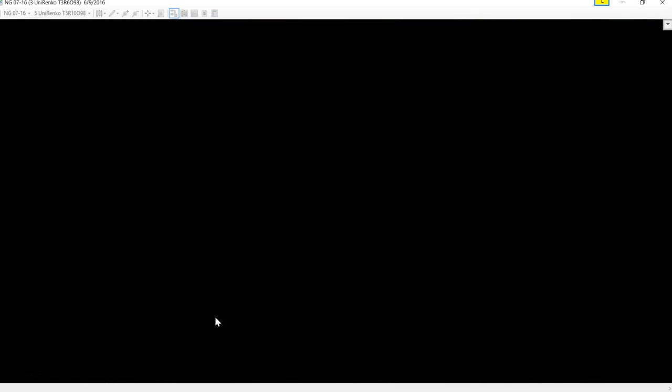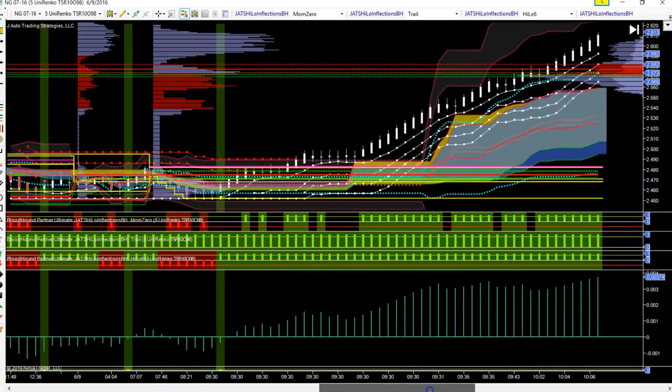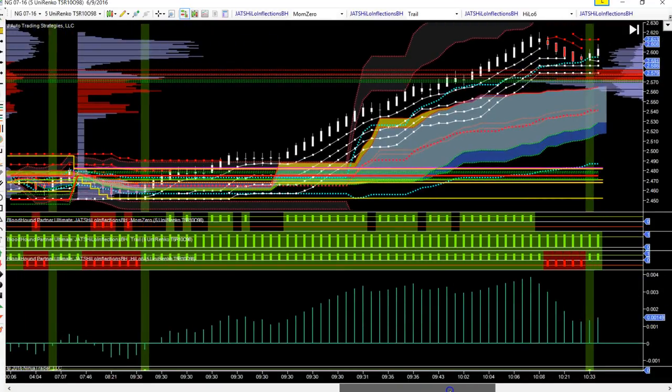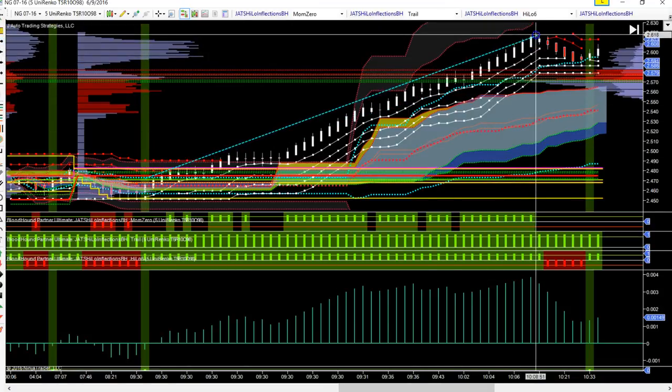This one seems like it wants a little bit of a bigger bar. There we go. And you just stay with the trade the whole way. Look at that. This bar would have kept you in the trade all the way up.